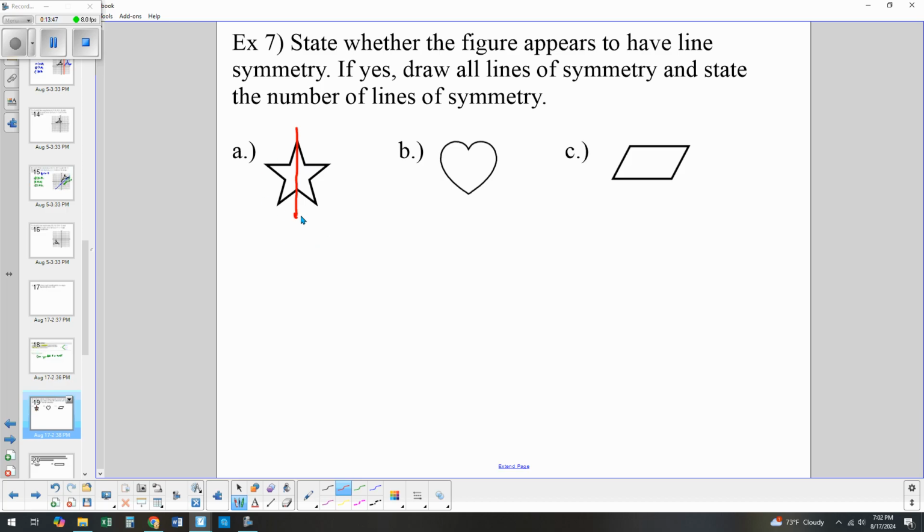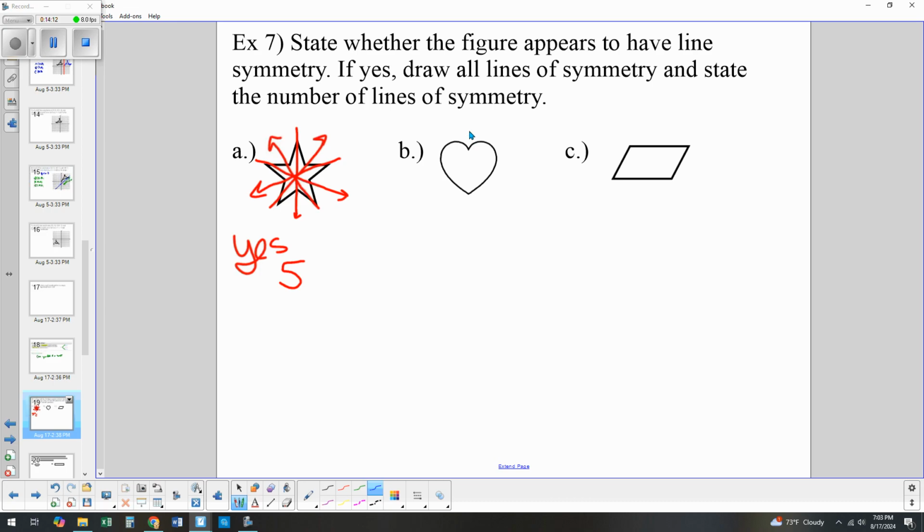So it makes sense that I should also be able to go from any point to the indent across from it and form a line of symmetry. So this picture actually has 5 lines of symmetry. So when this says state whether it has, yes. If yes, draw a line of symmetry and state the number. So there are 5 lines of symmetry in this star.